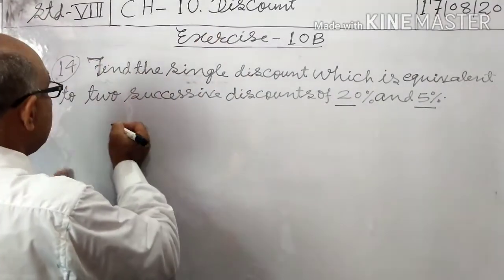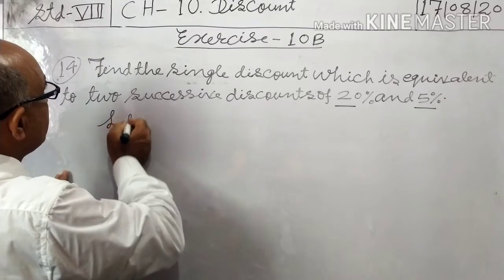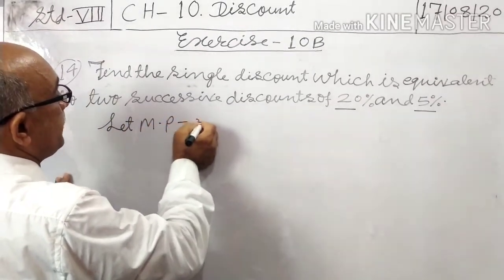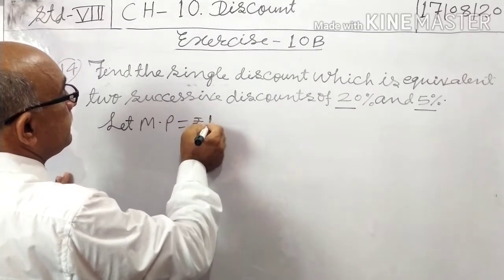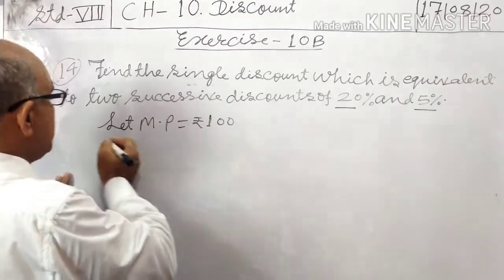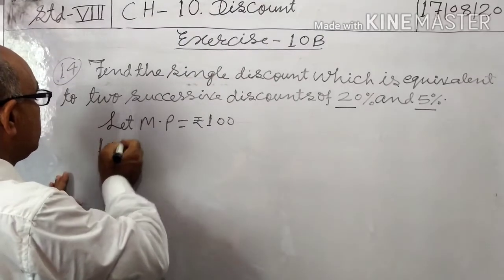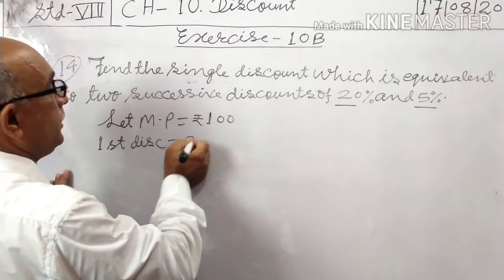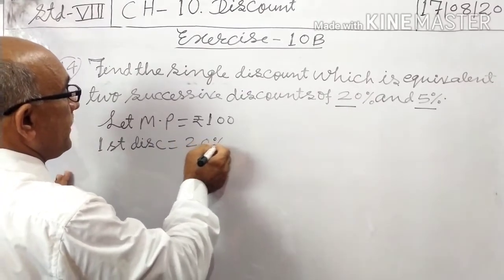So let MP equal rupees 100. First discount equal to 20%.